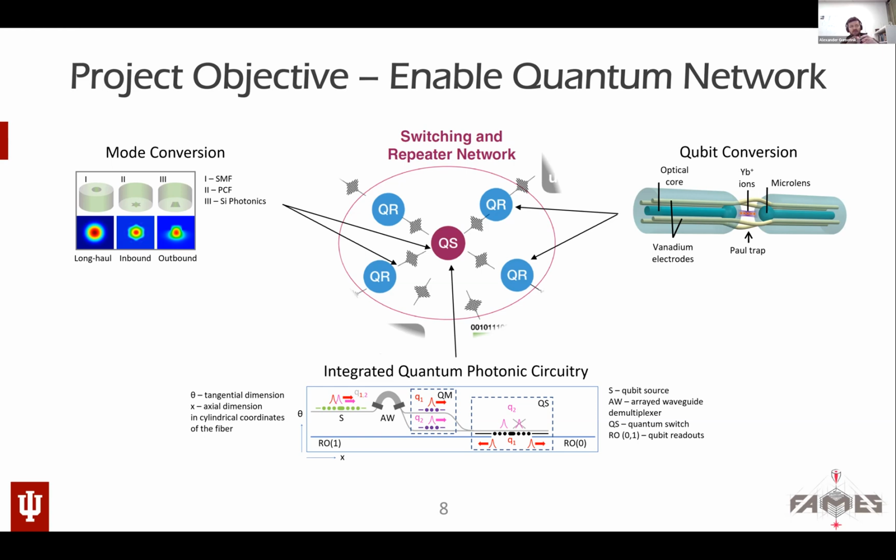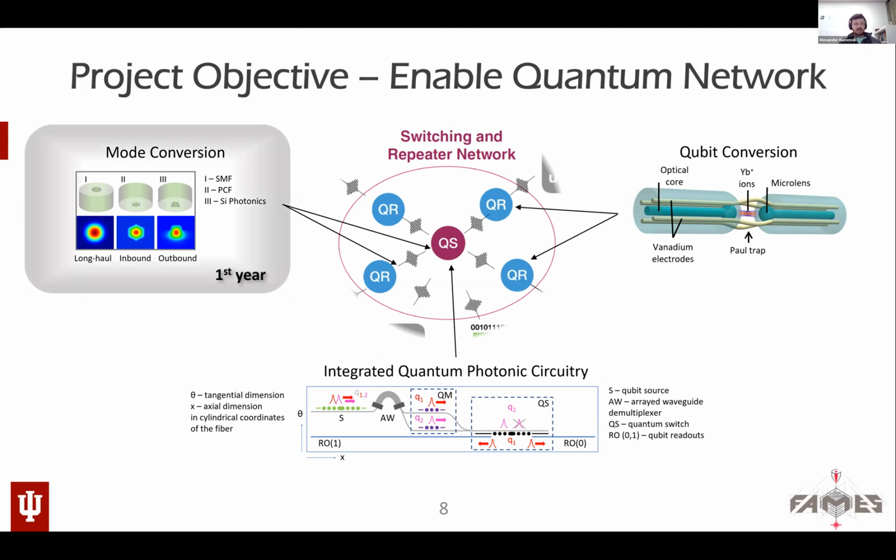So it has to have qubit sources. And then it has switching properties. So it has to have gates that would route information one way or the other way. So it's a full-fledged photonic circuit with all the capabilities of photonic circuitry, including sources, memory elements, switches, and readout.